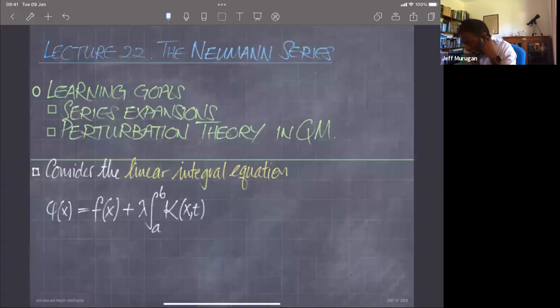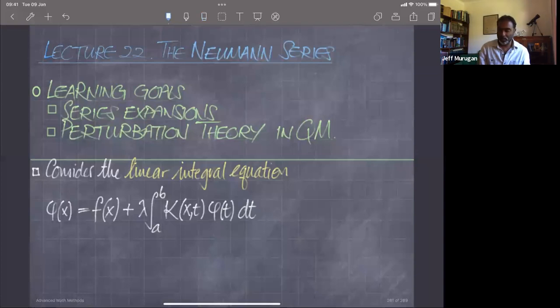Now we're not putting any constraints on what this kernel can look like. So it could be separable, it could not be separable, it could be translationally invariant, it doesn't really matter. This technique is kind of agnostic about that.